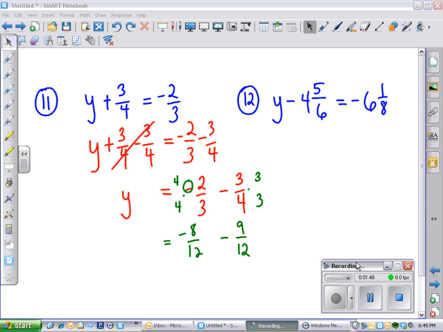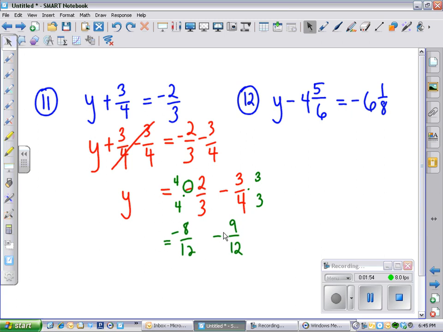Then, if you want, some people even like to continue the rule of changing subtraction to adding the opposite. You can do that. We're going to then just be working with that -8 plus -9, total of -17 twelfths. Always keeping your denominator the same here.